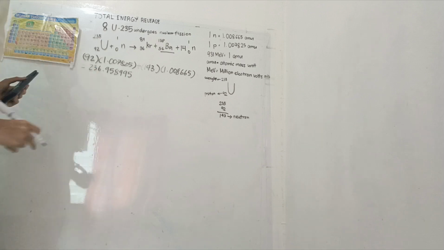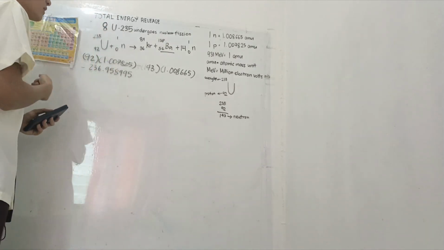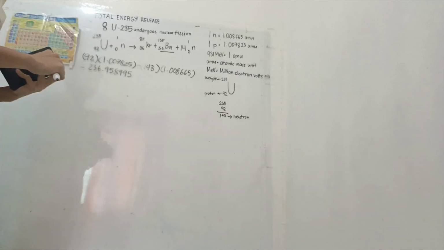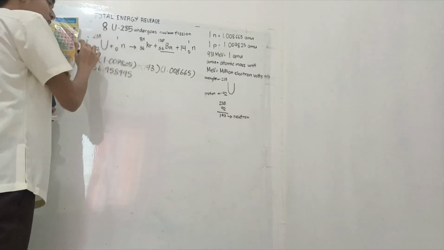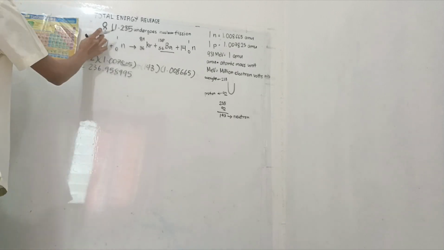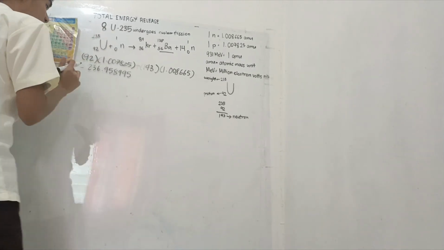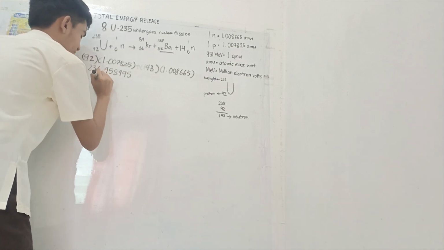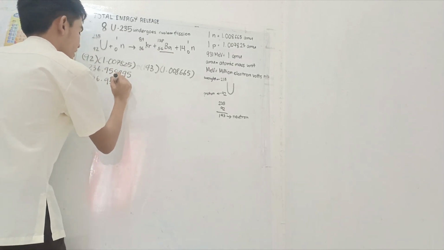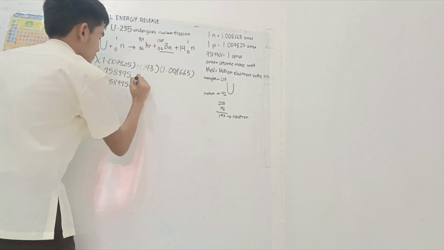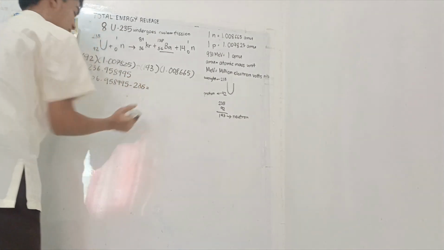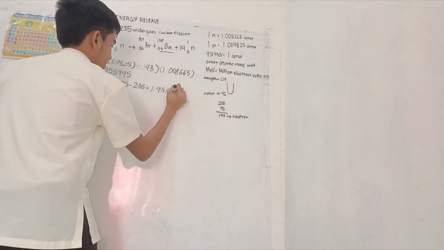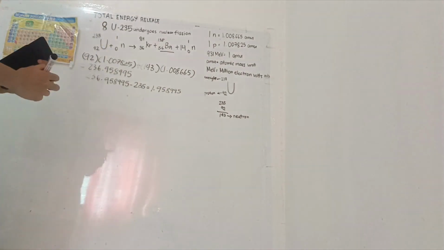Isasubtract pa natin to sa kanyang atomic weight ng isotope na yun. So, in this case, 235 ang kanyang atomic weight. So, 236.958995 minus 235. Sagot, 1.958995. Now, hindi pa ito yung pinakasagot.